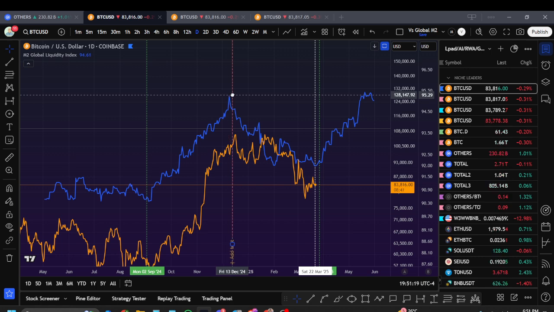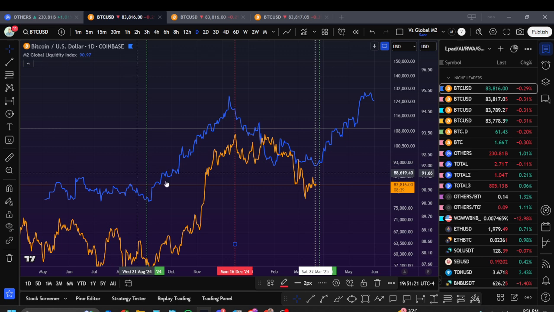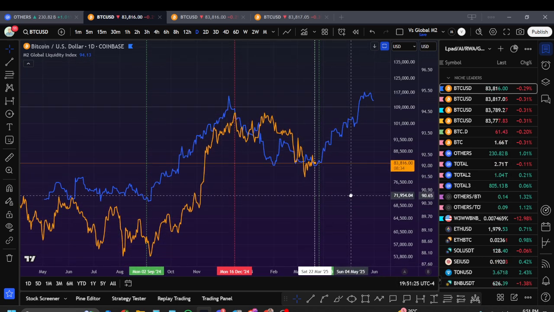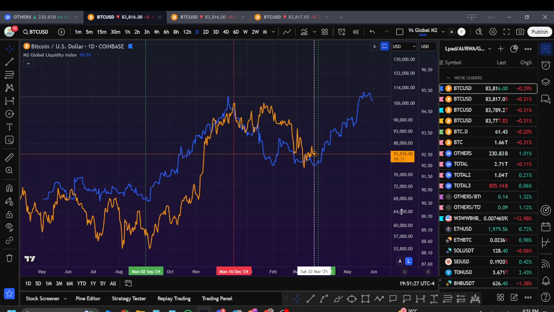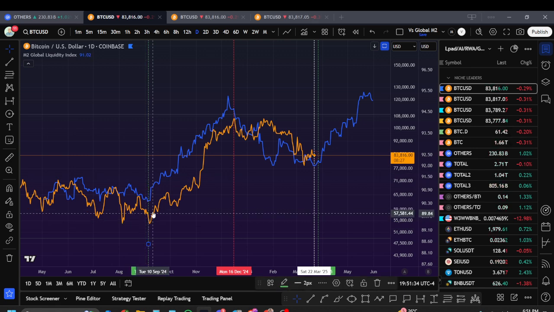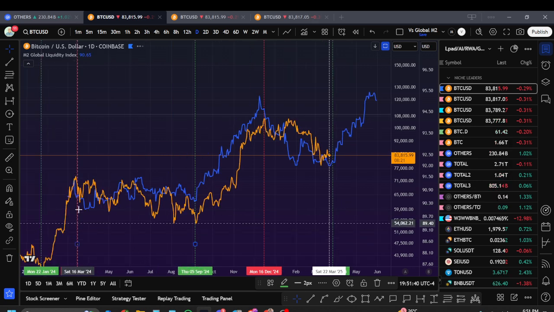Okay, see that? And then over here, this peak is pretty close, right? It's pretty bang on. Or this, not peak, but the dip.